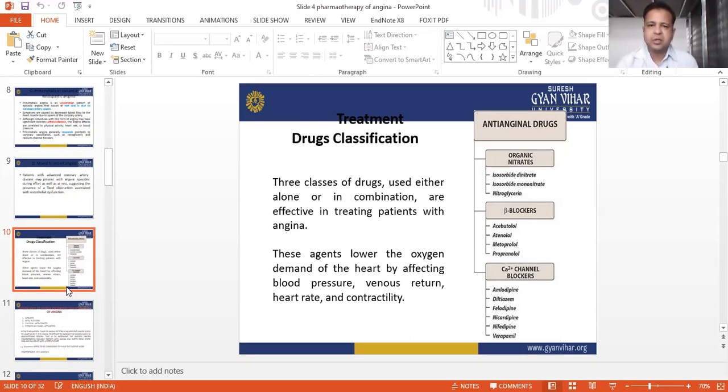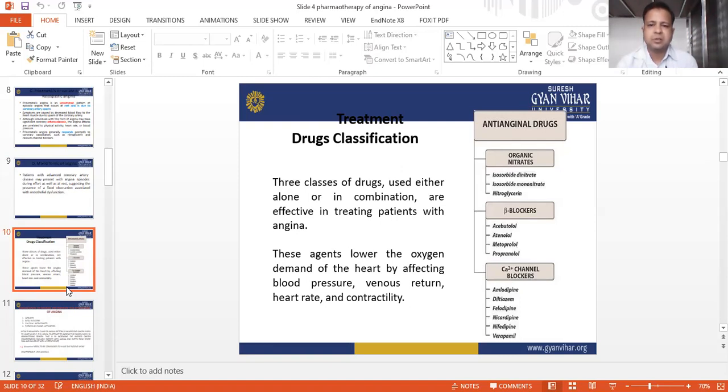The classification of anti-anginal drugs is as follows. Organic nitrates: examples are isosorbide dinitrate, isosorbide mononitrate, and nitroglycerin. Second class of drugs are beta blockers: examples are acebutolol, atenolol, metoprolol, and propranolol.